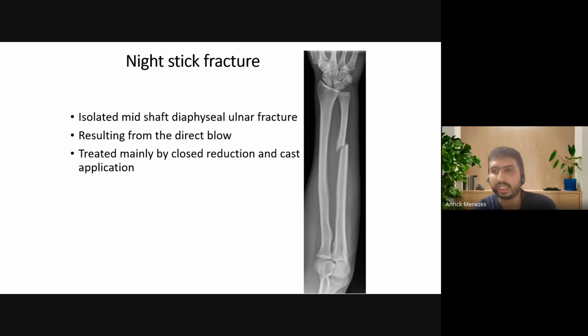One of them is your nightstick fracture, an isolated mid shaft diaphyseal ulnar fracture resulting from a direct blow. It is treated mainly by closed reduction, and conservatively it can be done using cast application as well.